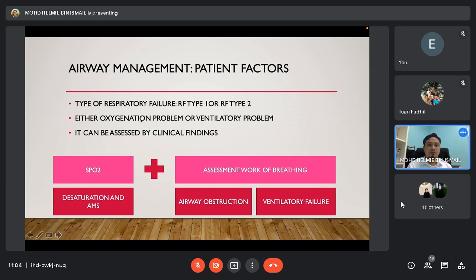If the patient has both an oxygenation problem and a ventilation problem, possibly you need to give positive ventilation, for example NIV, non-invasive ventilation. You can intubate this patient, and then ventilate the patient through a machine ventilator. Okay. Alright.